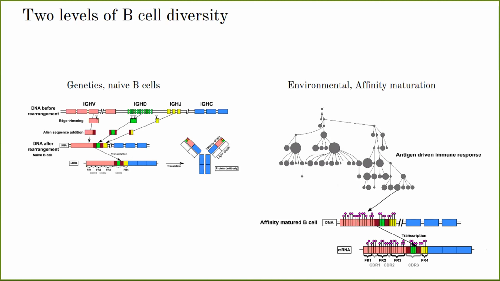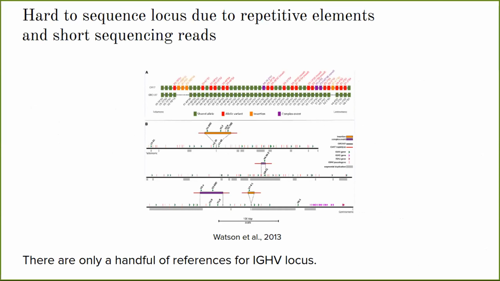What we wanted to explore here basically was the variation, or the diversity, within the chromosome, within the IG loci. For that, we usually go to the B cell repertoires, or in our case, the naive B cell repertoire.